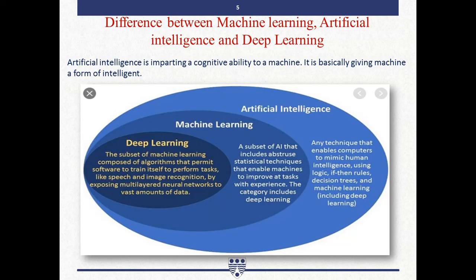Now, you might want to ask, what is the difference between machine learning, artificial intelligence, and deep learning, in case you've come across these few keywords. Now, let me explain them to you briefly. Artificial intelligence is simply the ability of a computer to mimic the human brain.